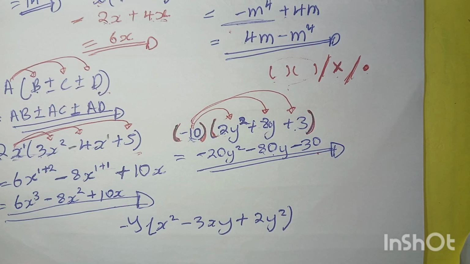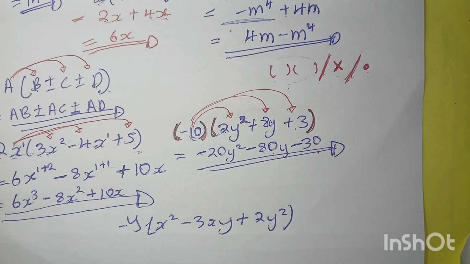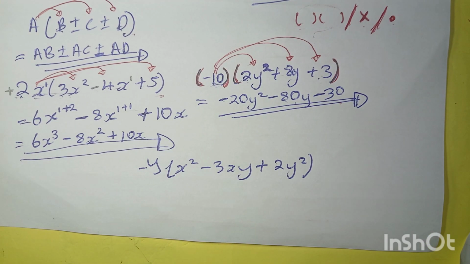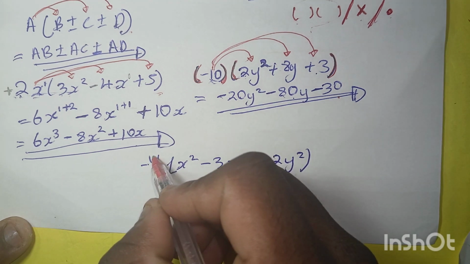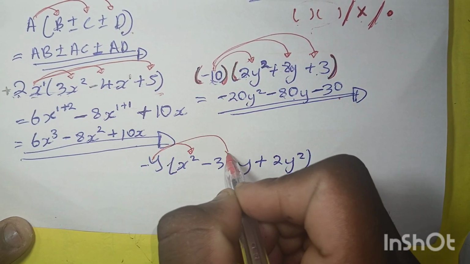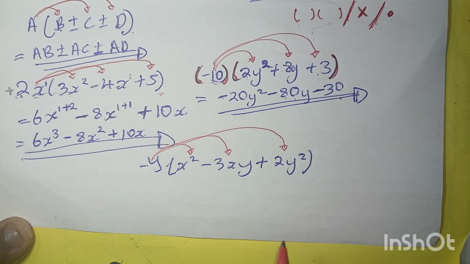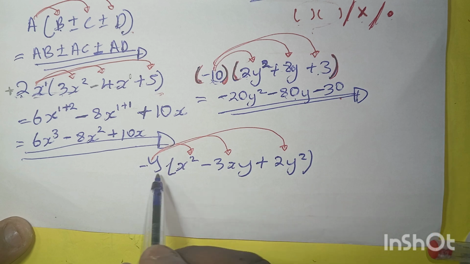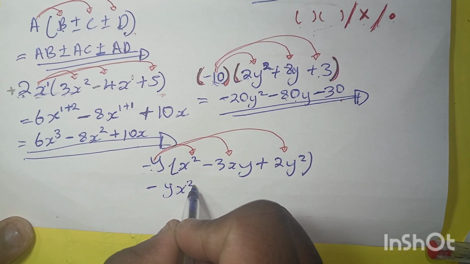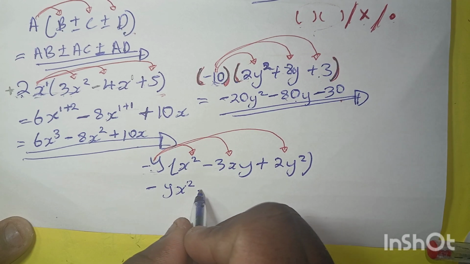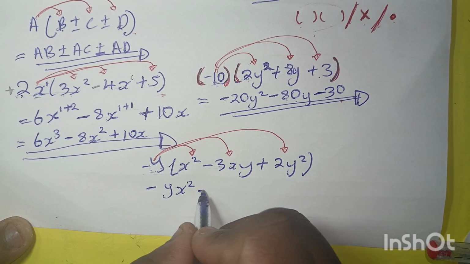Do you understand? So let me show you this one now. So this will multiply inside, will multiply inside. And now different sign gives me negative yx squared. Same sign now gives me what?